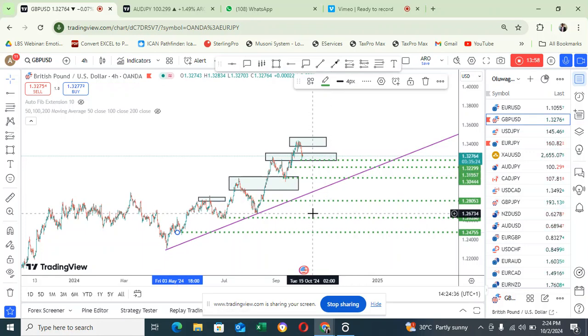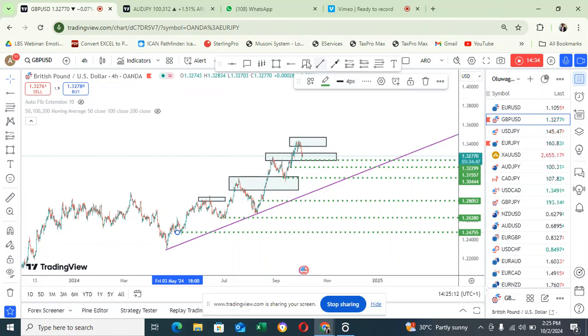I'm supposed to adjust this to fit for proper understanding, but I'm just using this to explain how it is. If you look at it, this is the high here, this is the high, and this is the low here, this is another low, this is another low.